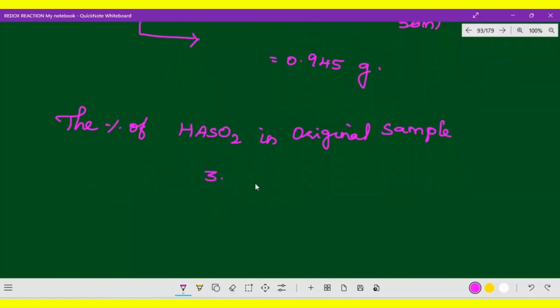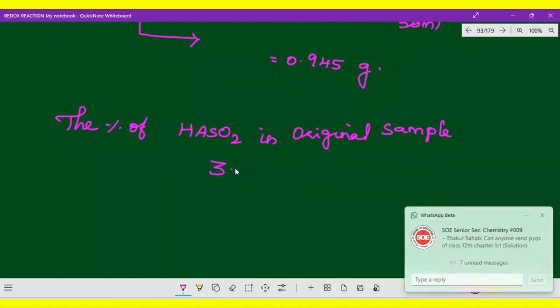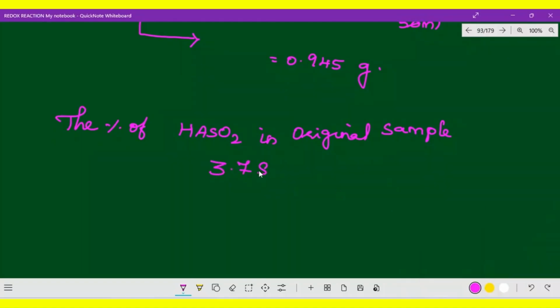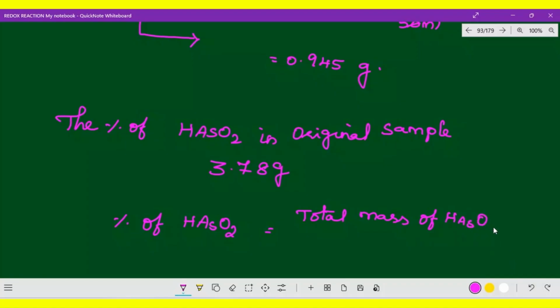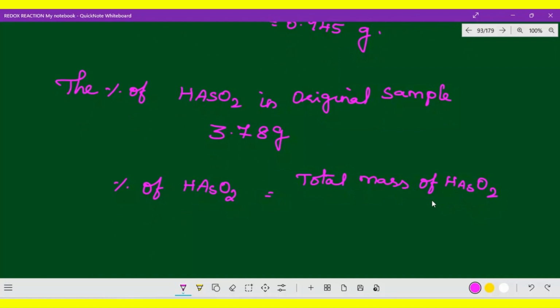In the picture it has been mentioned. So the percentage of HAsO2 is equal to the total mass of HAsO2, arsenous acid, divided by the mass of the sample, the original mass, which is this.